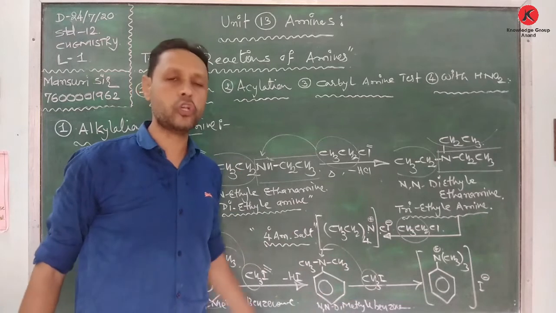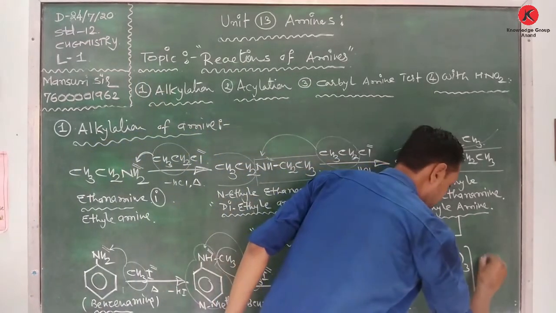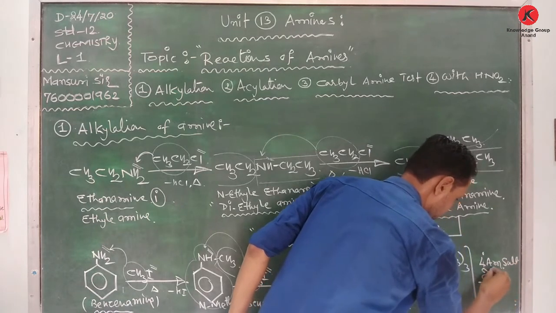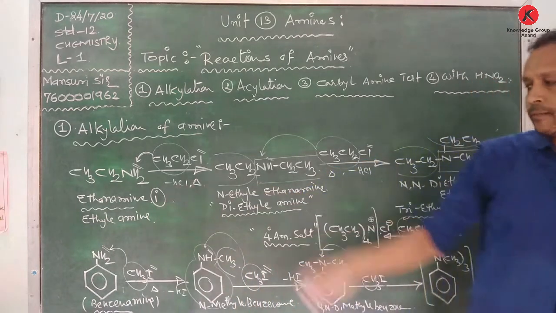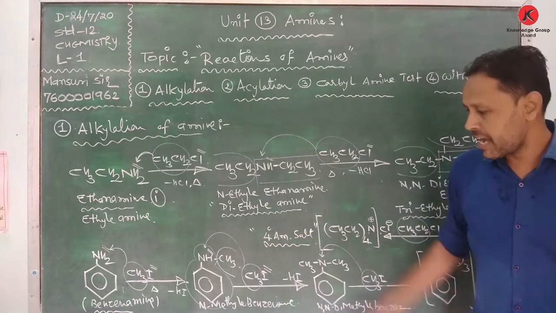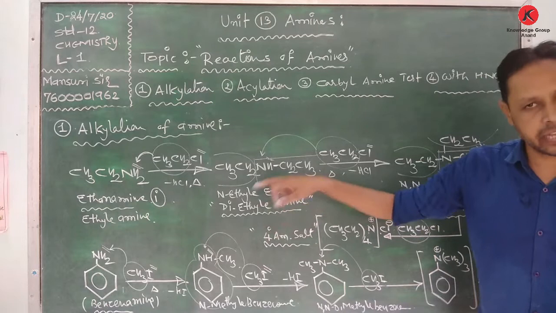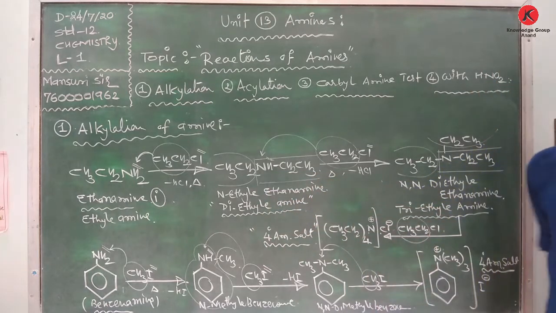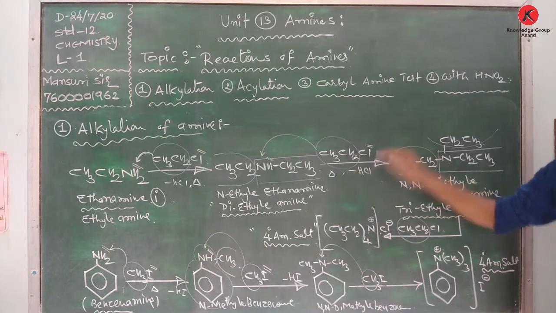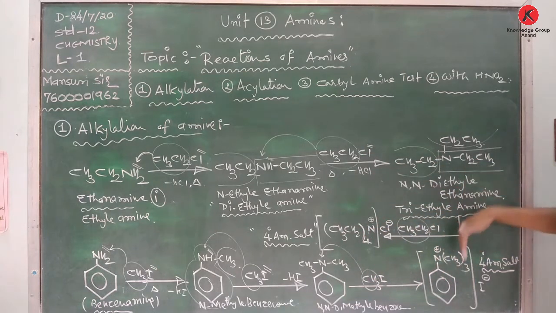That is why it is a salt, a 4-degree ammonium salt. So when aniline reacts with methyl iodide it forms N-methyl aniline, but when excess methyl iodide is used, then N,N-dimethyl aniline, thereafter 4-degree ammonium iodide salt will be obtained.